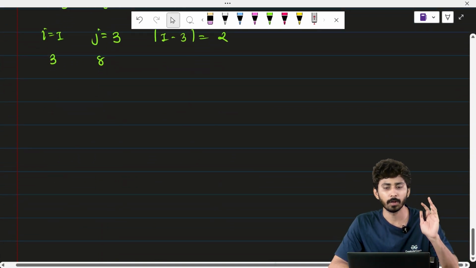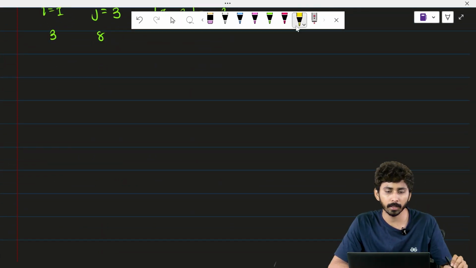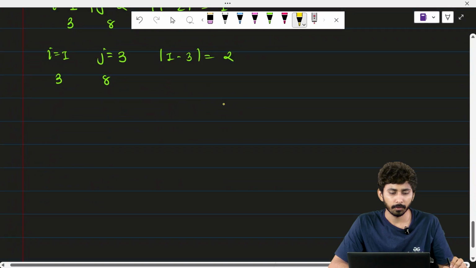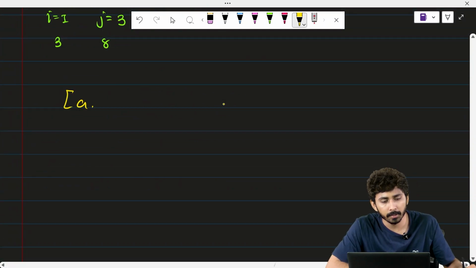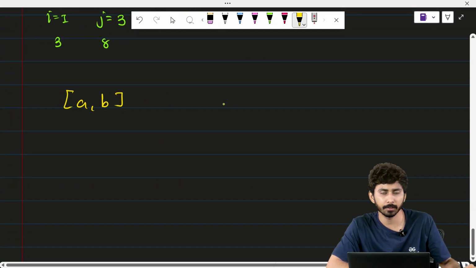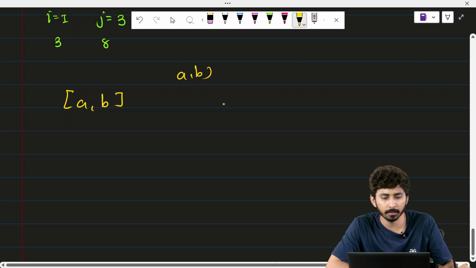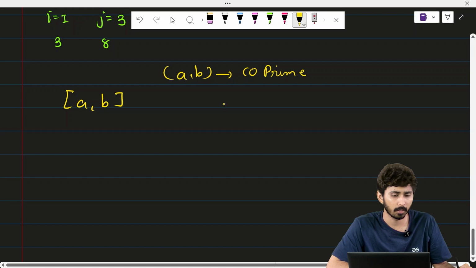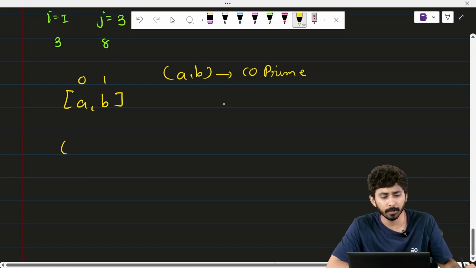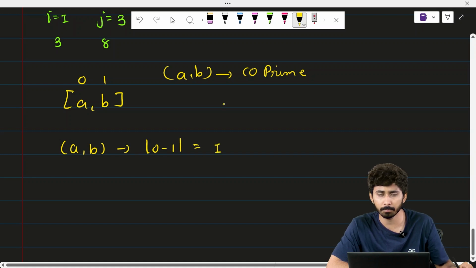Okay, if I want to generalize this thing, then what can I do? Let's take A and B. There's an array that contains A and B, where A and B are co-prime of each other. And now here, what will be the answer? If A and B are co-prime, then I know the answer will be 1 minus 0, so the answer will be 1 for this co-prime pair.